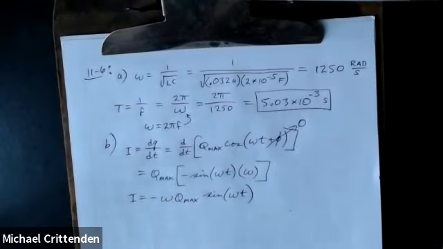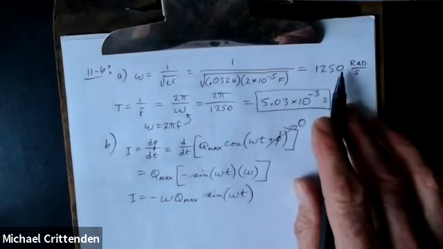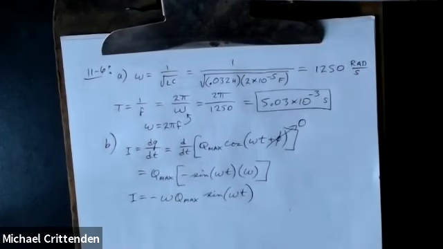Just tidying things up, putting all the constants together. I've got a number to fill in for omega. That was the 1250 up here. The maximum charge: well, the question told me the maximum voltage.